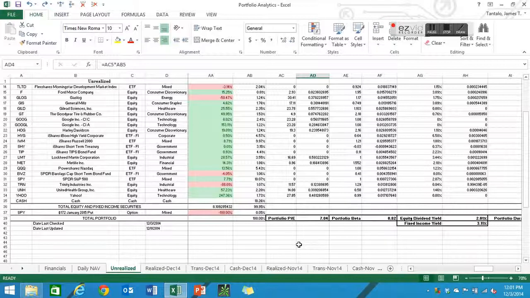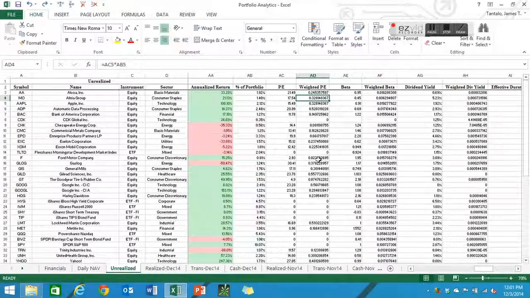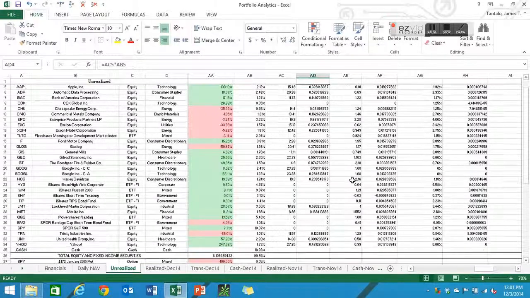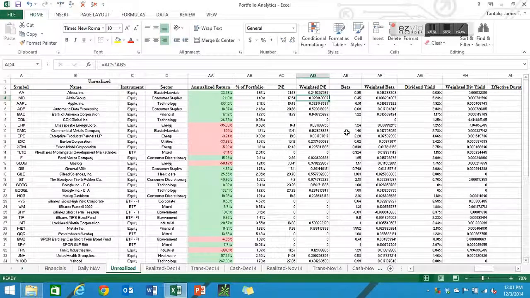So if somebody wanted to buy a stake in our portfolio, they would be buying a fund that had a PE of 7.04, which means that $1 of all the earnings in our portfolio is worth $7.04, which is actually pretty low.